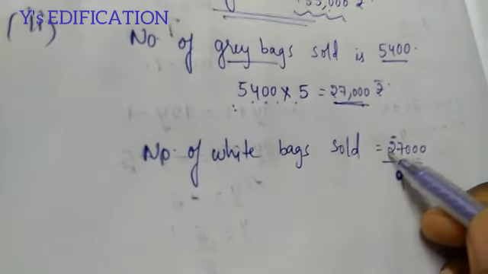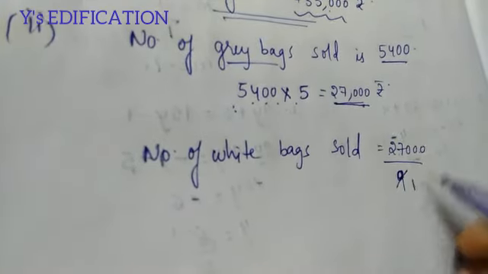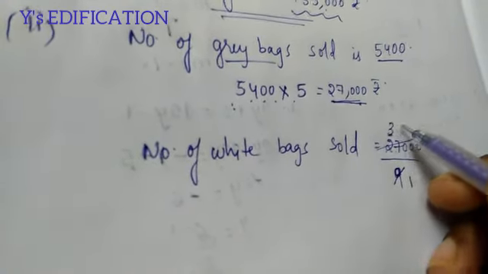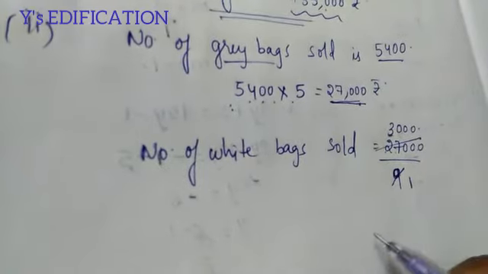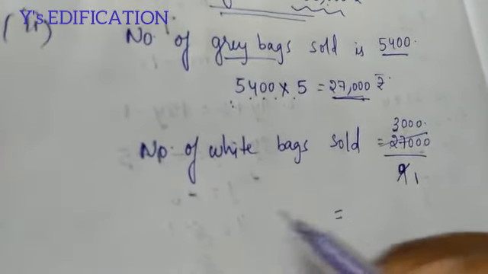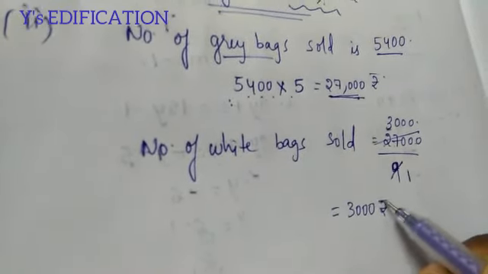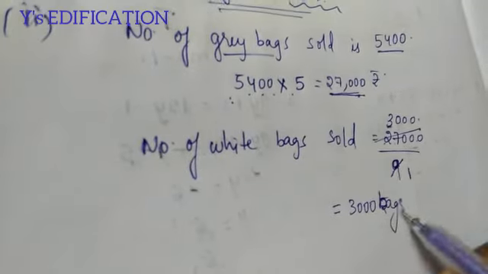So what we have to do is divide 27,000 by 9. 9 into 3,000 is 27,000. So to get neither a profit nor a loss, the company should sell 3,000 white cement bags.